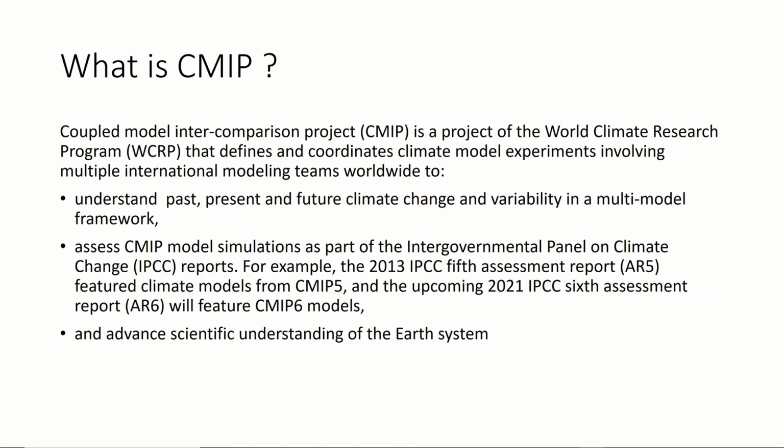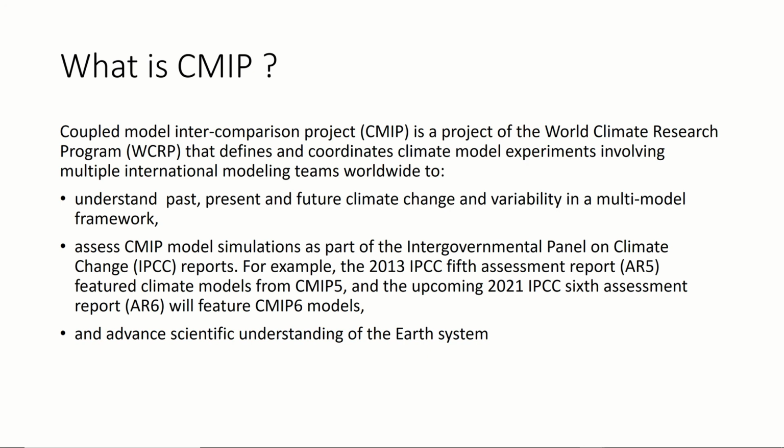What is CMIP? CMIP is called the Coupled Model Intercomparison Project. It's a project of the World Climate Research Program that defines and coordinates climate model experiments involving multiple international modeling teams worldwide.